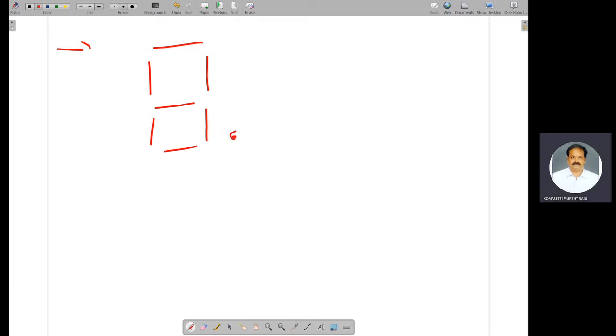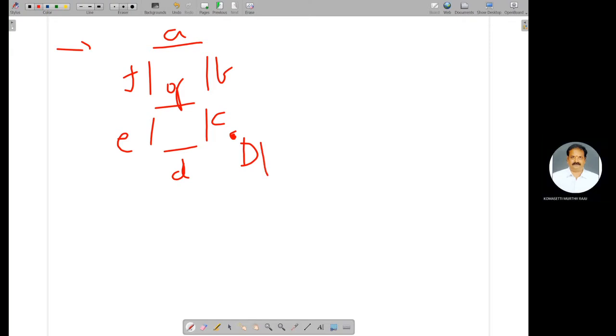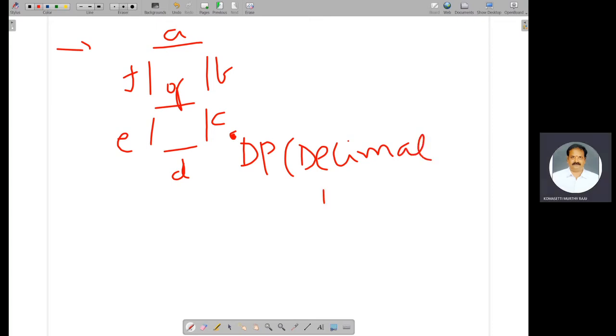This is the eighth segment, the dot here. Each segment is named with a letter: A, B, C, D, E, F, and G, and the DP for the decimal point.